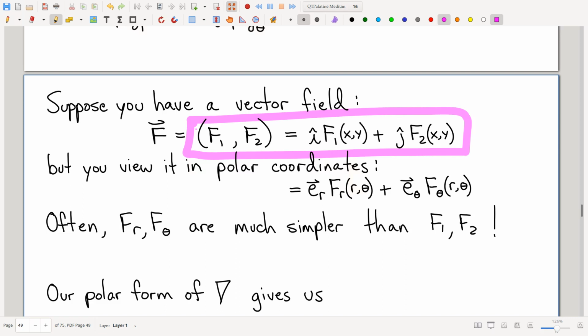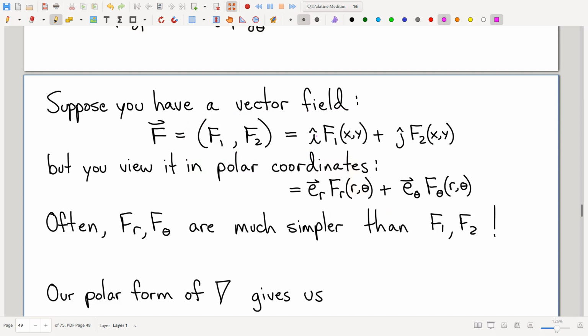And now I make the modest observation that instead of taking a linear combination of rectangular standard basis vectors, we could instead talk about it as being a linear combination of polar standard basis vectors. Now, in practice, if you had one in rectangular and you needed to write it in polar, you'd have to do some algebra to figure out what these coordinate functions are, the FR and F theta.